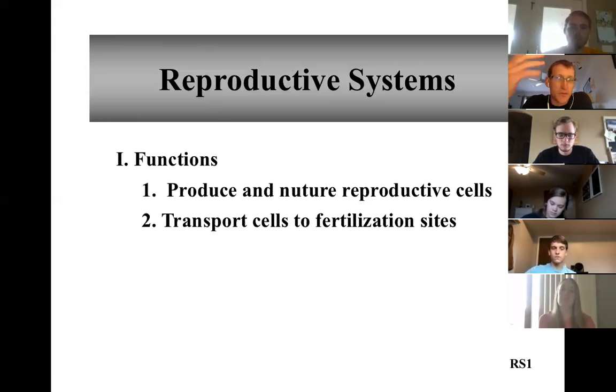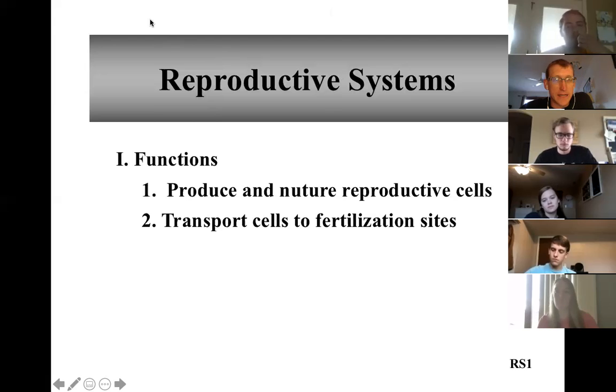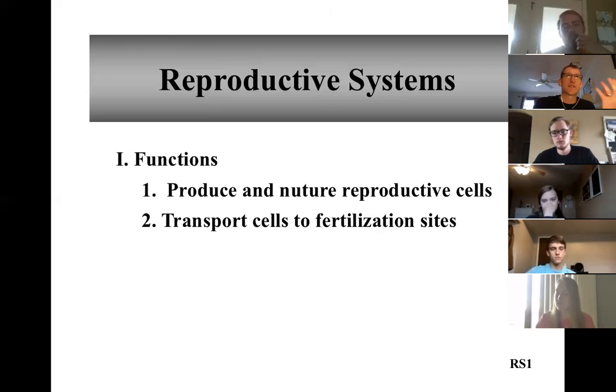This is not just for humans. This is for all placental mammals. Males must make sperm, females must make eggs. We must unite sperm and eggs and implant a safe little teeny tiny embryo and grow it up and birth a baby. And that's the way it works, right? We also have to transport cells to the sites of fertilization. This is different in males and females, so we'll get to it. But basically, the no duh point is that the sperm can't just stay in the testes and make babies.